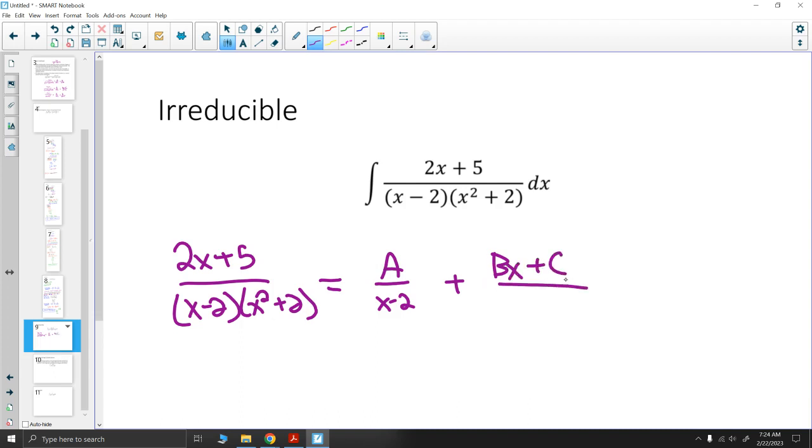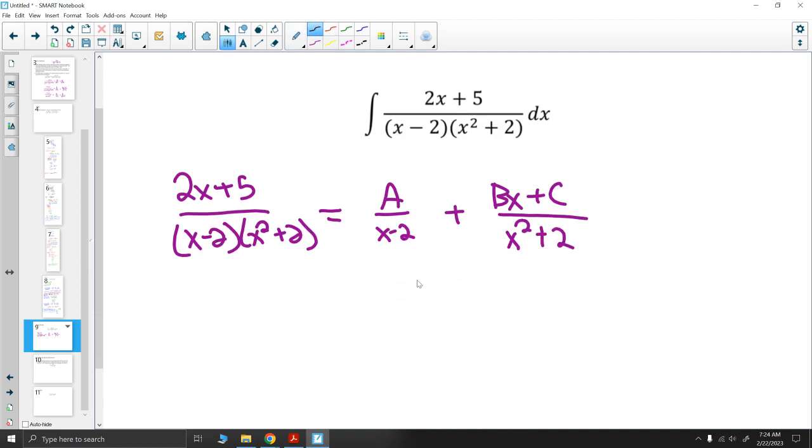So we need the x term, but we also need a potential for a constant, because that constant might just be 0, but we need to allow for a constant as well. So it's going down by 1 degree each time, much like our long division. It follows the same logic where we need a placeholder, and that's over our x squared plus 2.